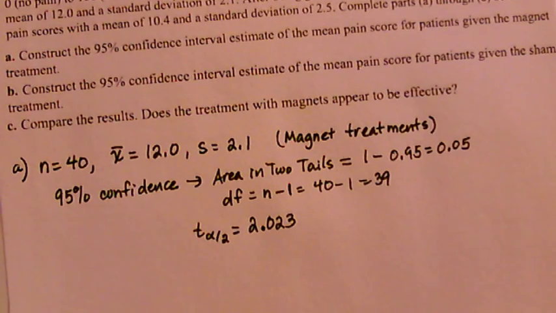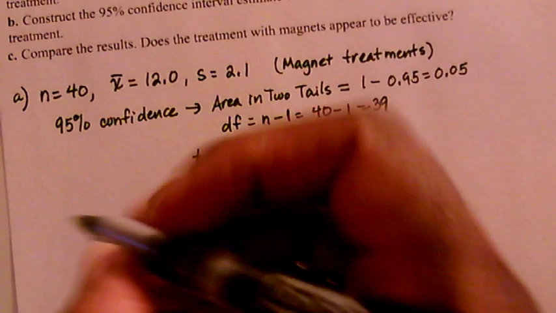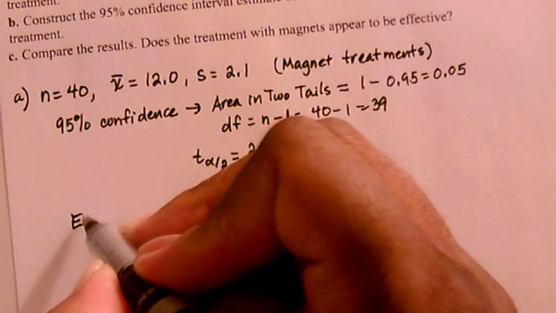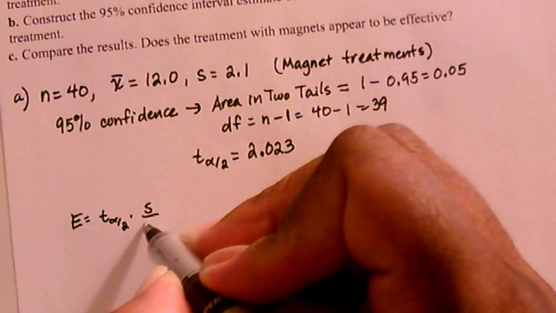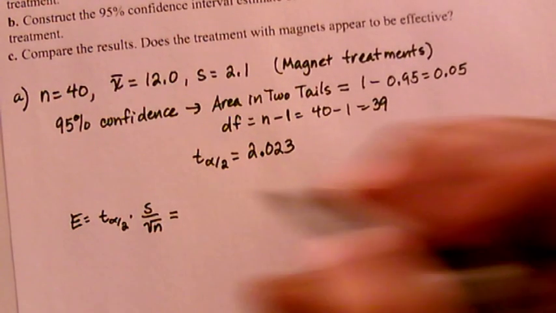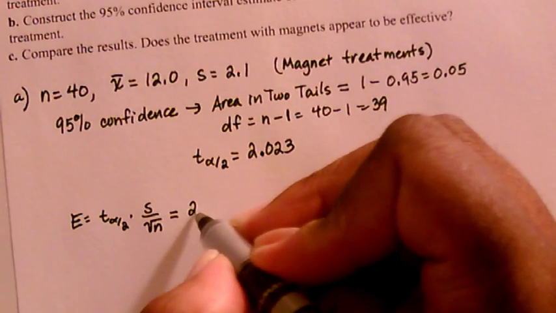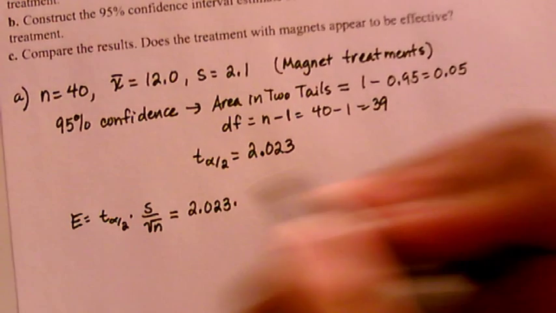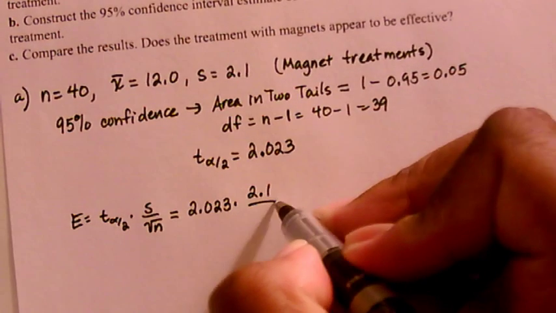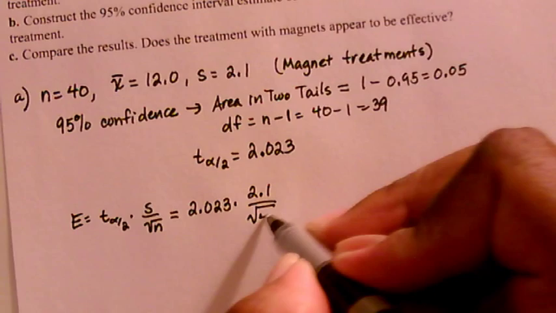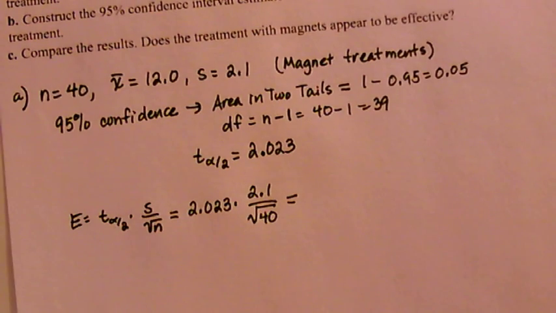Okay, and from that we can find the margin of error. So here the margin of error is this, t of alpha over 2 times s divided by the square root of n. So t of alpha over 2 will be 2.023 times s, that's 2.1, divided by the square root of n, that's the square root of 40. And here we can use our calculator.